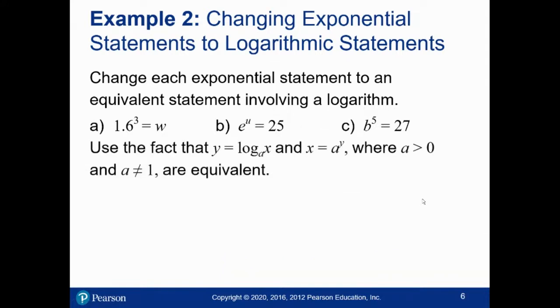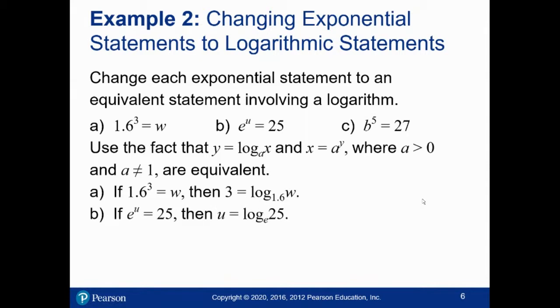Okay, so the first one, the base is 1.6. The exponent is 3, so that would give me 3 is log base 1.6 of w. In the second one, the base is e, so u, the exponent, is log base e of 25. And in the third, the base is b, so 5, the exponent, is log base b of 27.